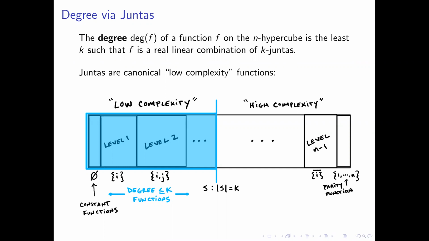We like to think of these degree k functions as low complexity functions, where k could be constant, or little o of n, just something that's not scaling with n. Later we're going to generalize this picture to other domains besides the hypercube.